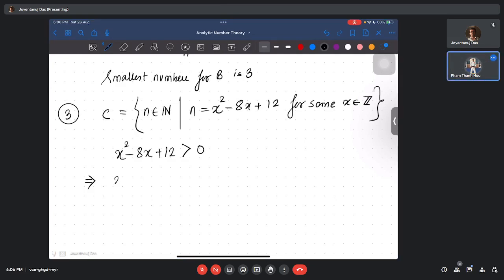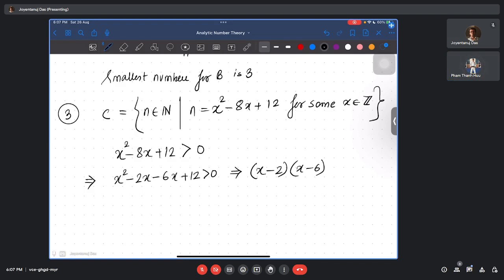One is six and one is two. So this has to be strictly greater than 0. So what is the domain? What is the domain of x?